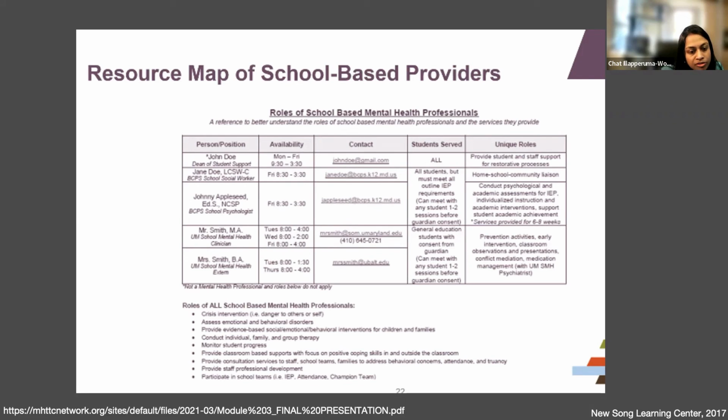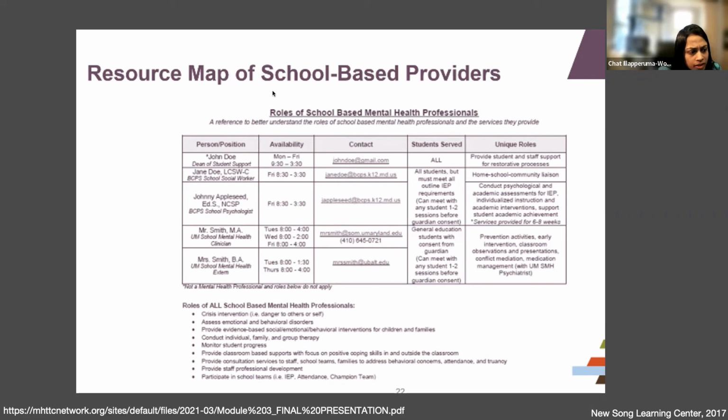So this is an example from a pre-K through 8th grade school in an urban district in the Mid-Atlantic. What their school mental health team did was work collaboratively to put this together as a service to their students and families. That way they're really increasing communication about who these providers serve, who to contact, and when to contact.